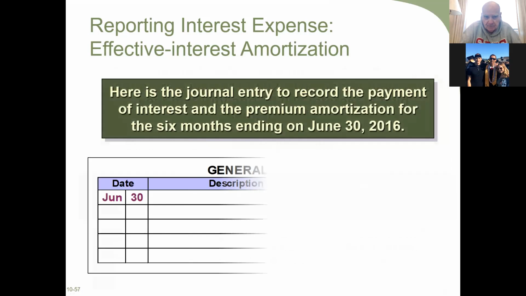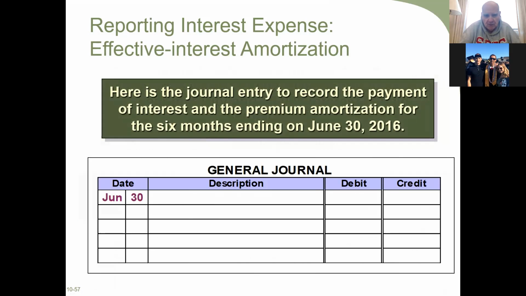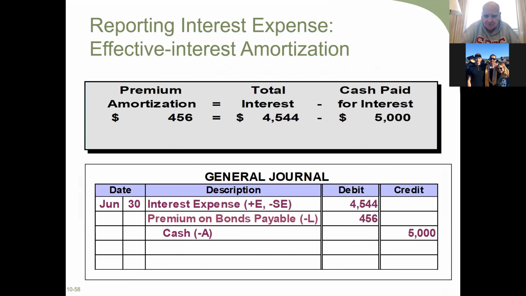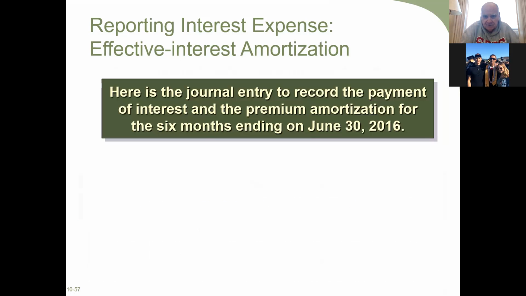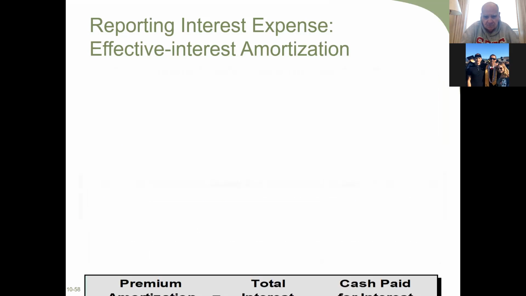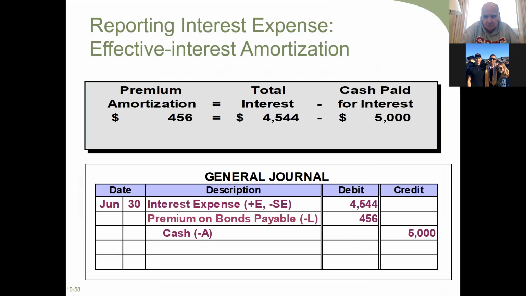Okay. Now we're ready to amortize the bond. Let's amortize. Well, we know we're paying the 5,000. We just computed the first period's amortization right here, 4544.